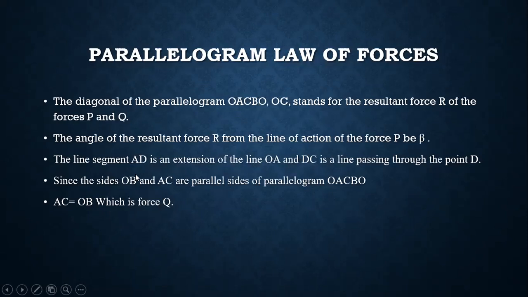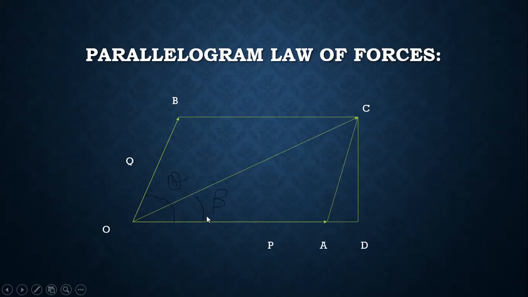In the parallelogram OACB, the diagonal OC stands for the resultant force R of the two forces P and Q. The angle of the resultant R from the line of action of the force P is beta, as described here.